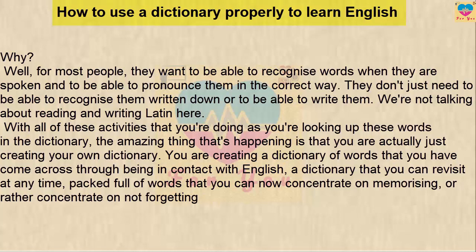With all of these activities that you are doing as you are looking up these words in the dictionary, the amazing thing that's happening is that you are actually just creating your own dictionary. You are creating a dictionary of words that you have come across through being in contact with English, a dictionary that you can revisit at any time, packed full of words that you can now concentrate on memorizing, or rather, concentrate on not forgetting.